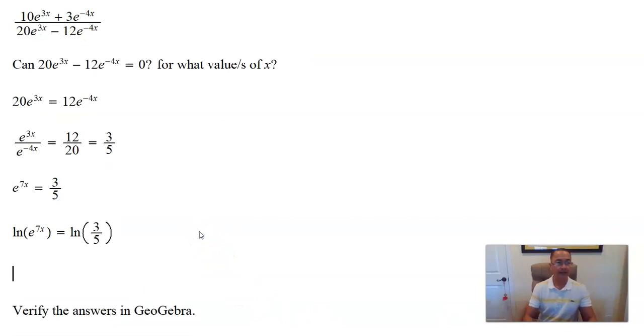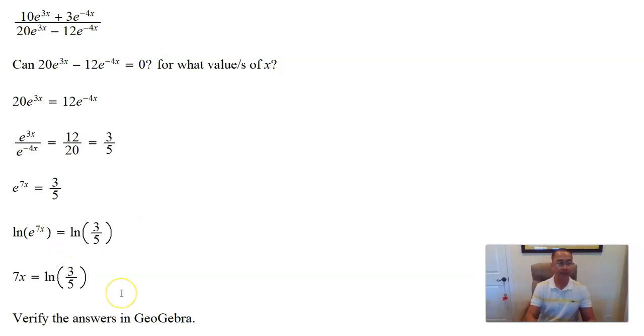Now ln of e to the 7x, by the cancellation property, is just 7x, and we get ln of 3/5 on the right. So we have our final answer. x must be 1 over 7 ln of 3/5. That is our exact vertical asymptote.